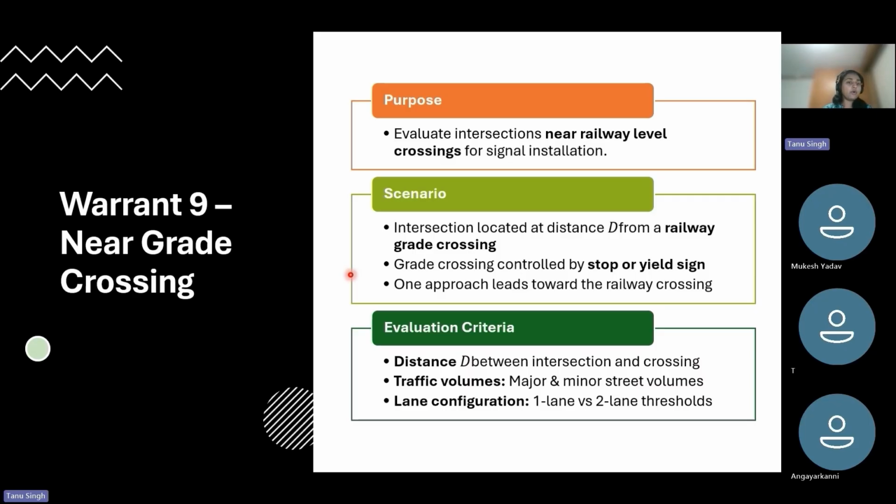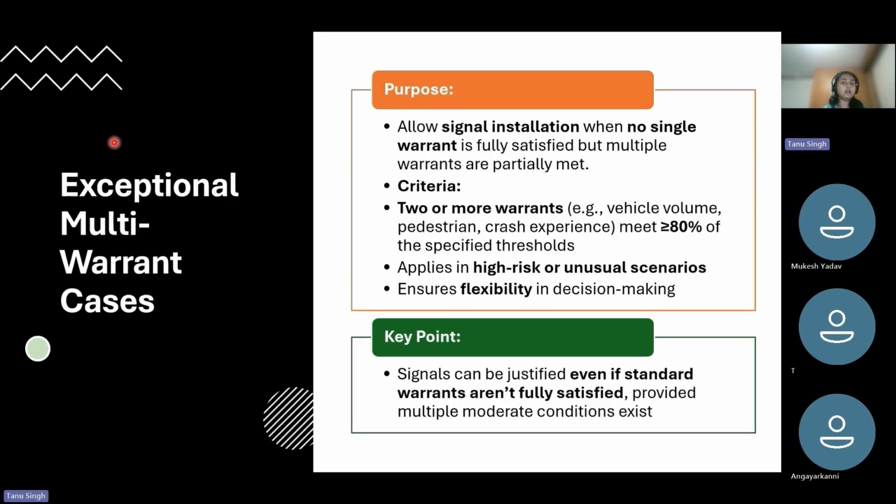So these are the 9 warrants, and there is one exceptional multi-warrant case. Sometimes no single warrant is fully satisfied, but multiple warrants are partially met. This is where the exceptional case applies. The criterion is that 2 or more warrants meet 80% of the specified threshold, and a high-risk or unusual scenario is taking place, which ensures flexibility in decision making.